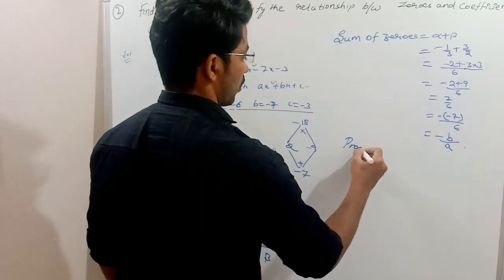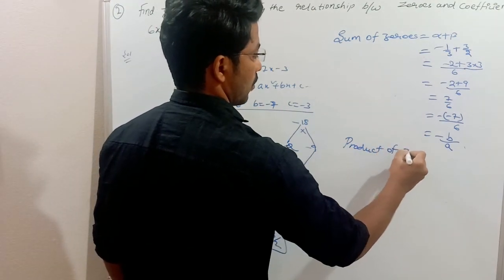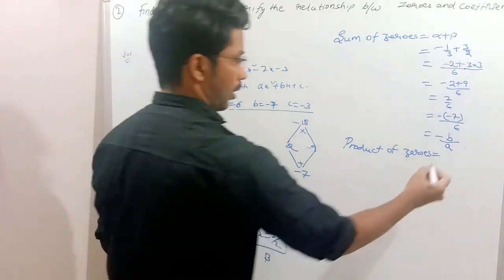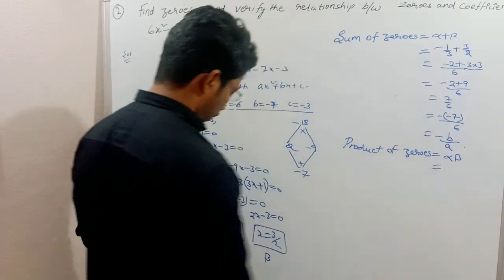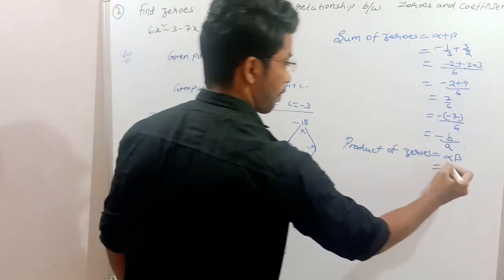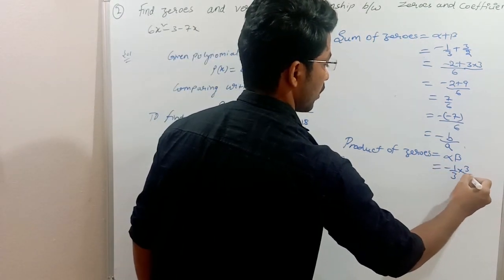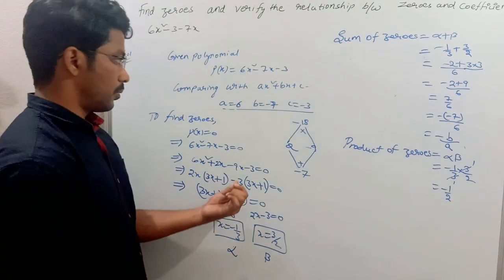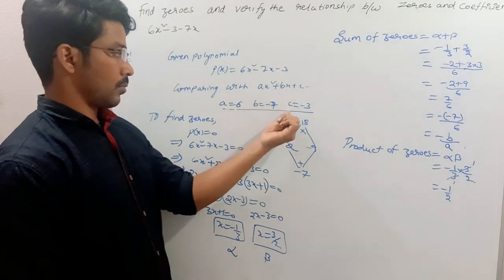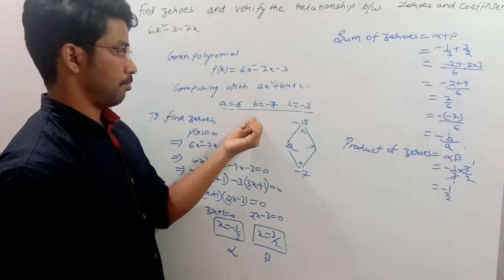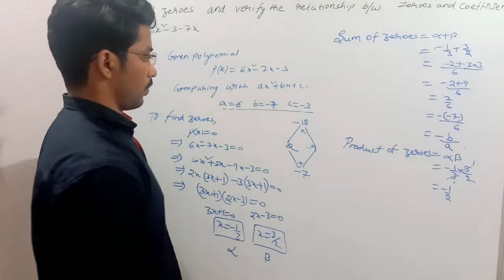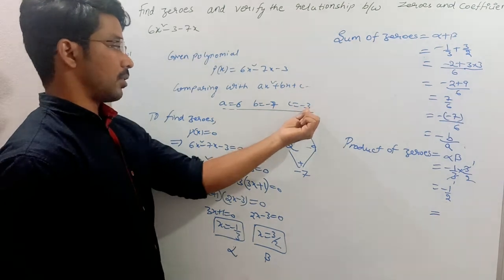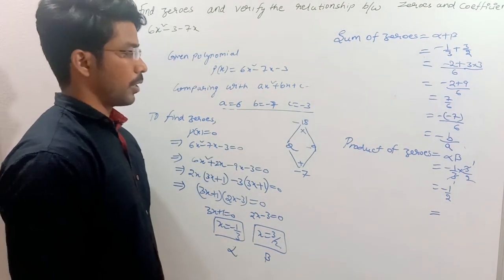Now the product of zeros. Product of zeros is alpha into beta. What is alpha? Minus 1 by 3 into 3 by 2. 3 gets cancelled, and we get minus 1 by 2. If you observe minus 1, can we find anything here? No. So can we write it like this? Minus 3 by 6, can we get minus 1 by 2?